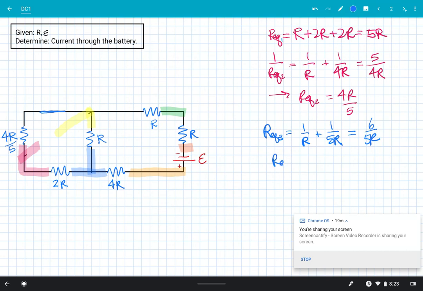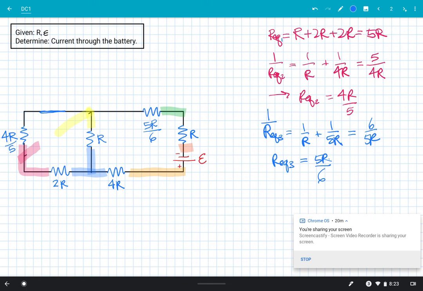So, whoops, this is 1 over R equivalent 3 is equal to 5R over 6. All right. So this would be 5R over 6. Okay. So it takes a little bit of time, but you do the same thing over and over again.